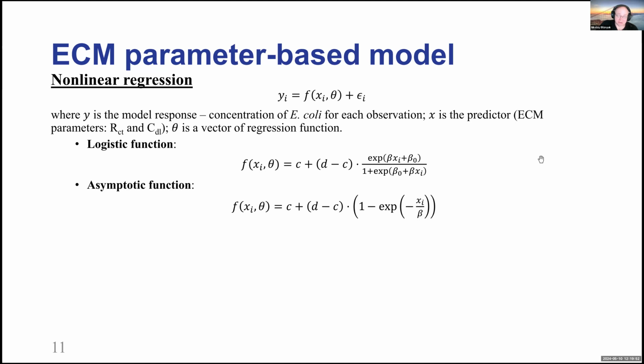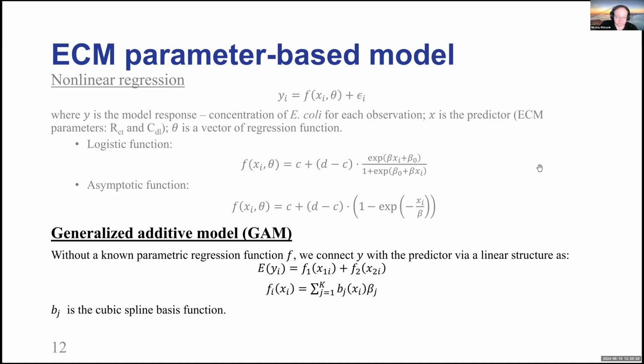This ratio takes on values between 0 and 1, and this transformation allows it to take values between C and D. Similarly, there is this so-called asymptotic function, which looks like a similar transformation, but applied to the distribution function of an exponential random variable. Again, we did not invent these choices. These are taken from the conventional literature.